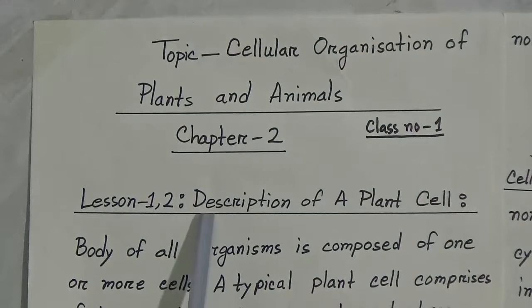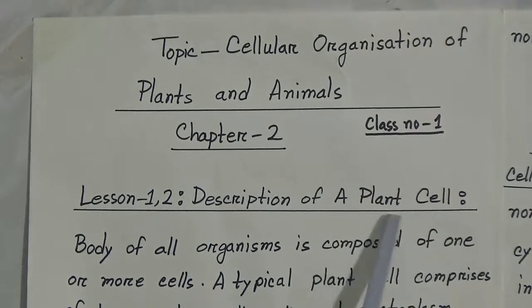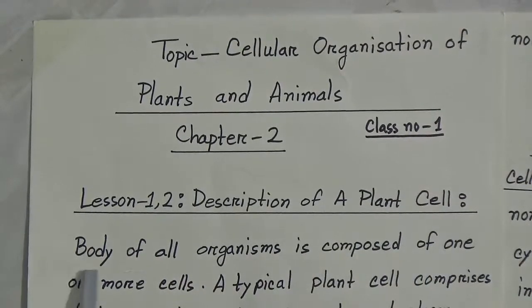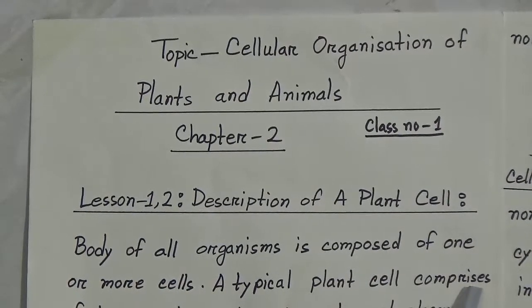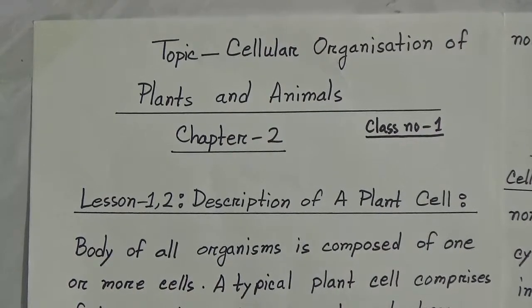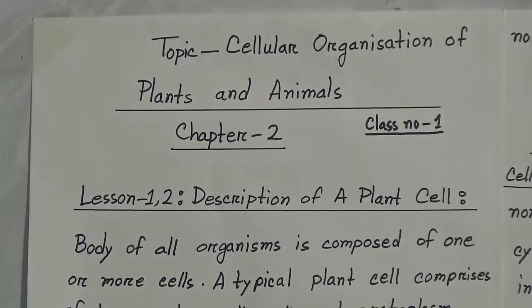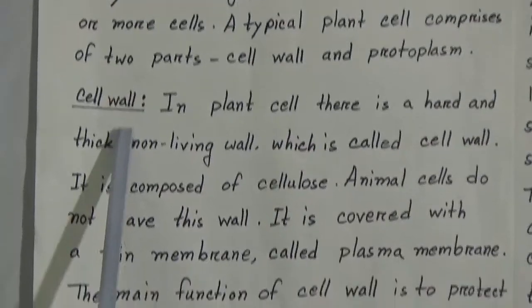Our first topic is description of a plant cell. Body of all organisms is composed of one or more cells. A typical plant cell comprises of two parts, cell wall and protoplasm. Cell wall.